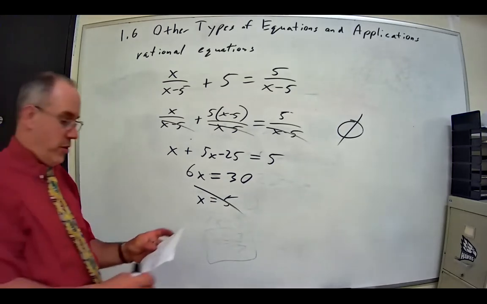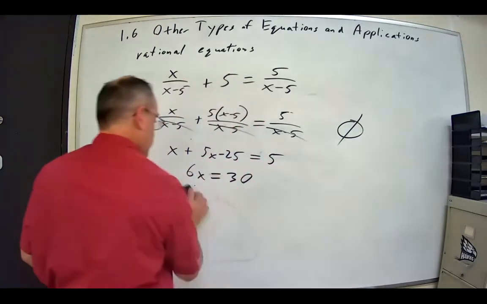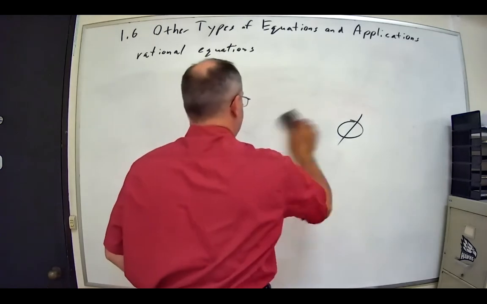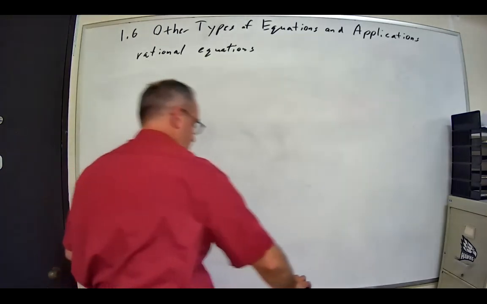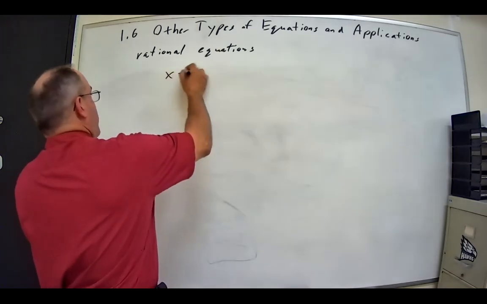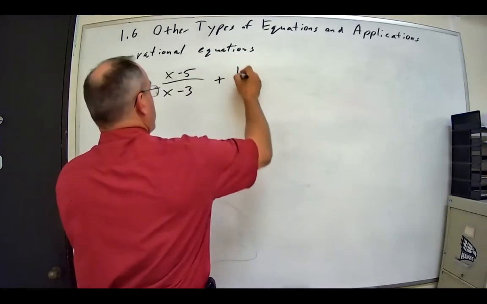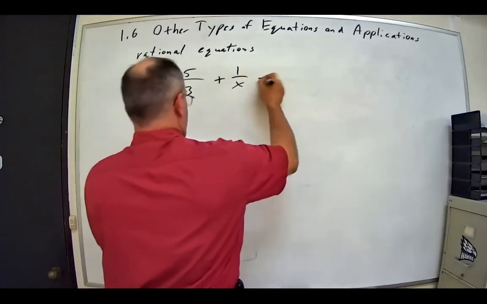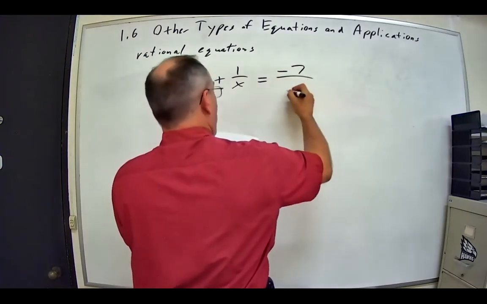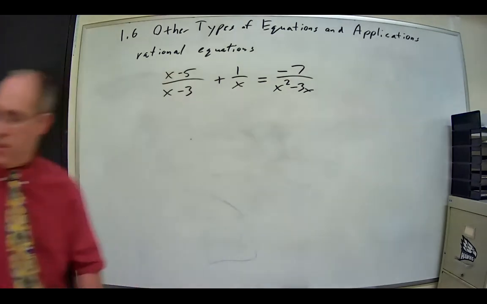I think I have another one here I want to look at. x minus 5 over x minus 3 plus 1 over x is equal to negative 7 over x squared minus 3x.